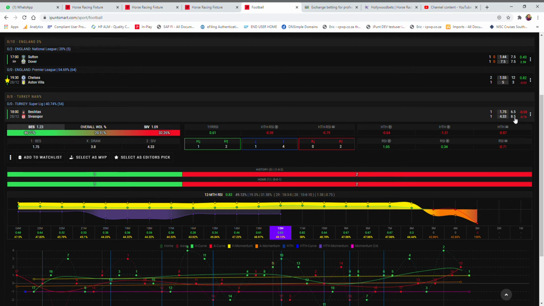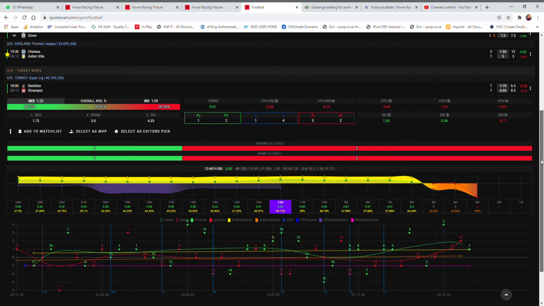The MIC is 8.5 to 6.5, and you can see the head-to-head net has gone better because Sivasspor has beaten Besiktas 2 out of the 3 times, and from the start 2 years ago with a 0.64 on the momentum, linear graph momentum, the end figure at minus 1.55.